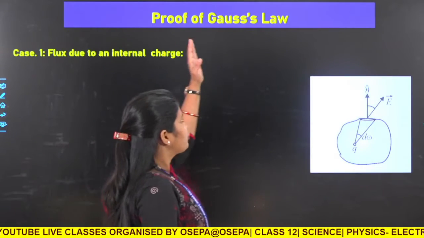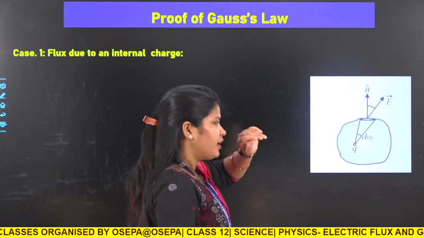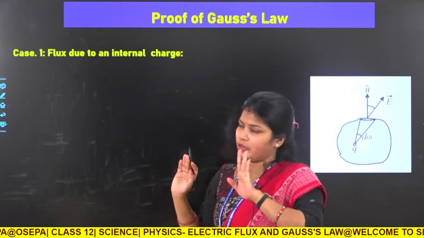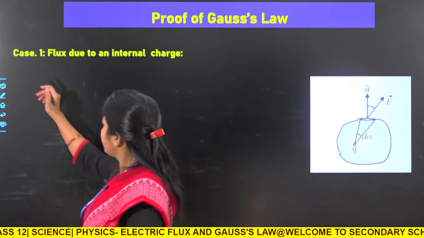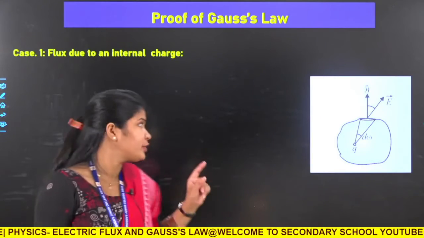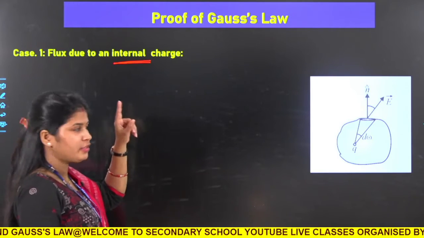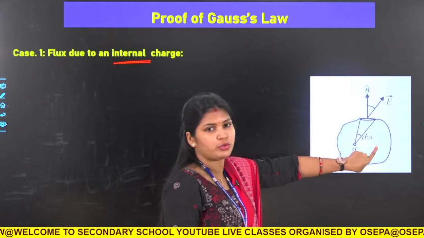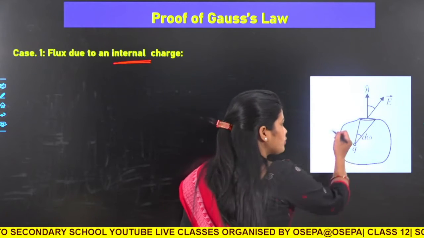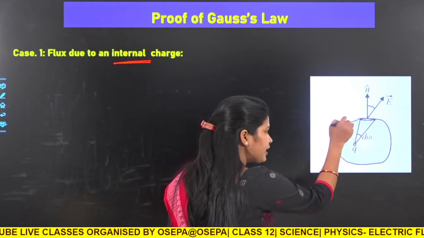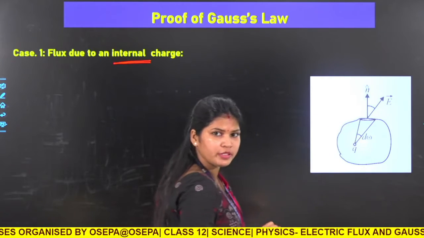Then how will we prove Gauss law? Okay, we will assume Coulomb's law. First we will see case 1, that is flux due to an internal charge. Internal charge means the charge is inside the closed surface. See, this is the closed surface, and the charge is inside the closed surface.